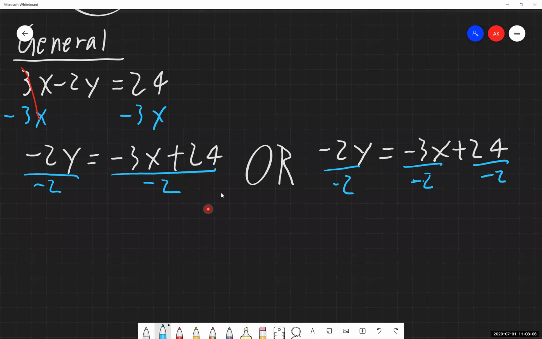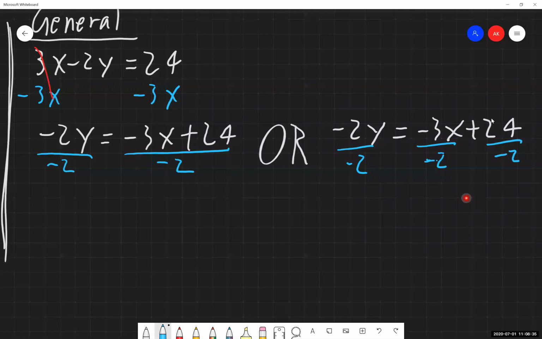In some instances, it might be nice to have one single fraction on the left-hand side. In other instances, it might be nice to have it separated out, so I might have a fraction here and a fraction here. It's very dependent on the problem. You can also go back and forth between these two forms as well, if need be. But either of these are acceptable to go through and divide both sides by that negative 2. It's your choice.